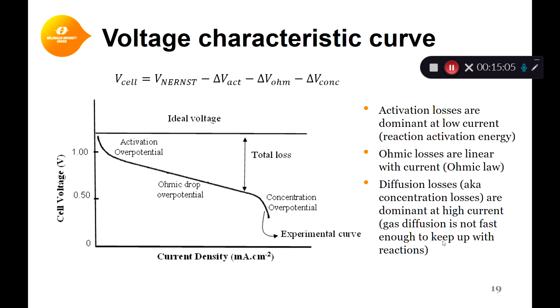So the gases also have to diffuse very fast. So they lose more energy in this. Eventually, there is a limit for the current, a maximum value of current above which the gases simply cannot diffuse as fast as is required for the reaction. So the voltage drops to zero.